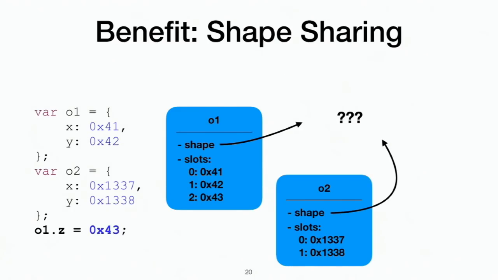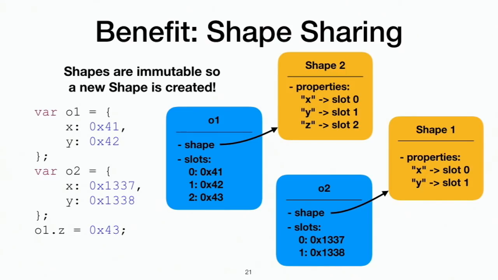So the next question is, what happens if you change one of those objects? For example here, if you add a third property to the first object, now those two objects can't really share this shape anymore, because the second object doesn't have this property. So in this case, we have to separate those shapes again. Now there are two: one has 3 properties, the other has 2.